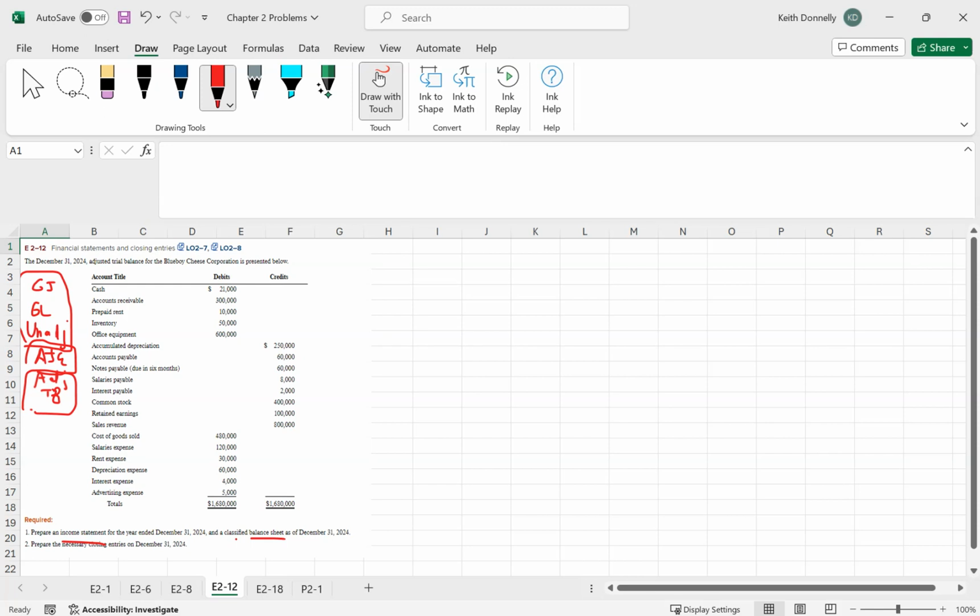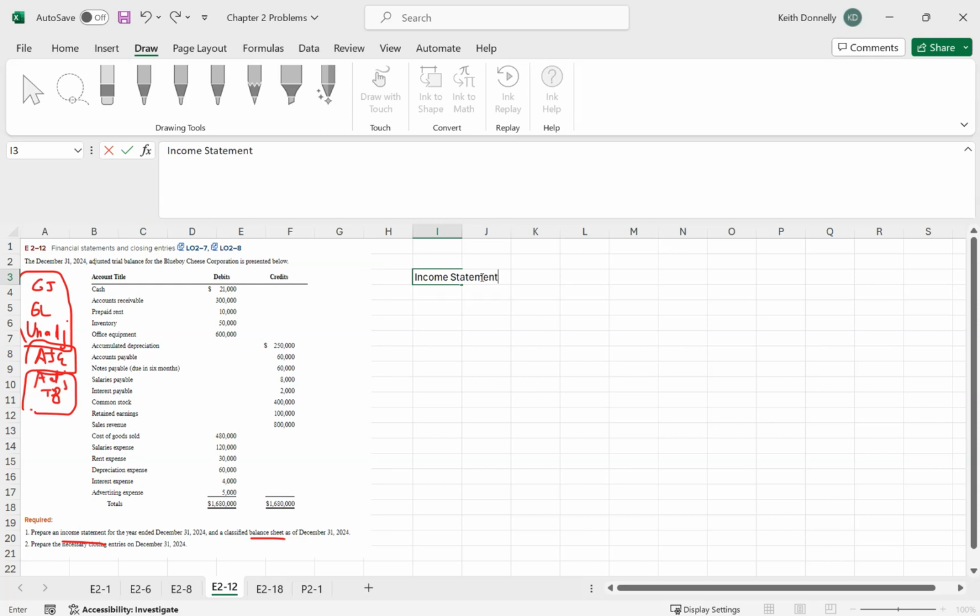Okay, so let's look at this. We have our assets, our liabilities, our stockholders' equity, some revenues, some expenses. That's great. Okay, so let's start with the income statement, right? And this is going to be for the year ended December 31st, 2024.